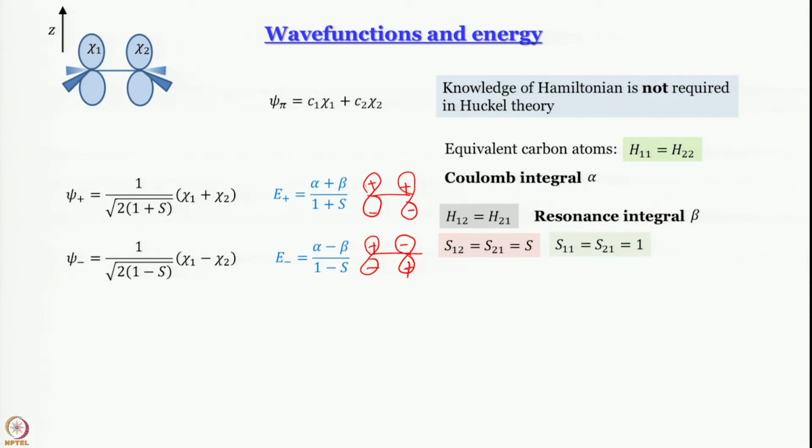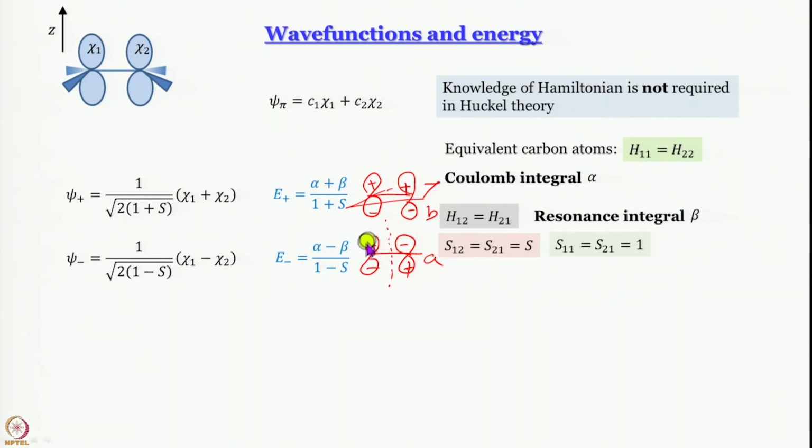So, here the only node that is there is the node that already existed in the p orbital, the xy plane. Here however, you have an additional node between these two. So, this here is the bonding orbital, this is the anti-bonding orbital, and the energy of the second one is higher than the energy of the first.